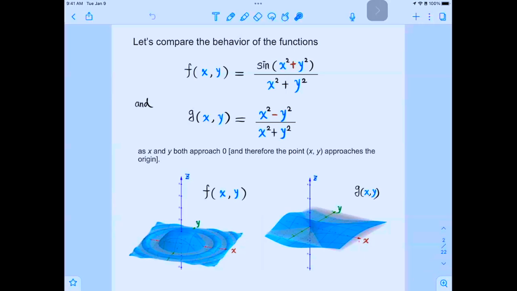So when X and Y both approach 0, what does F of X, Y approach? In other words, think of it like a fish swimming towards 0 on the xy plane, but along this surface. What do you think the function value is approaching?